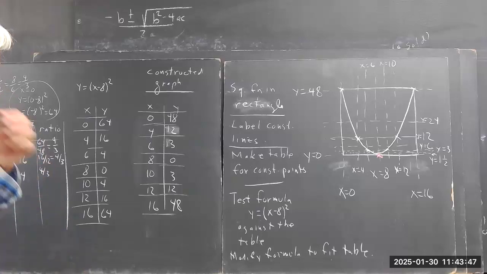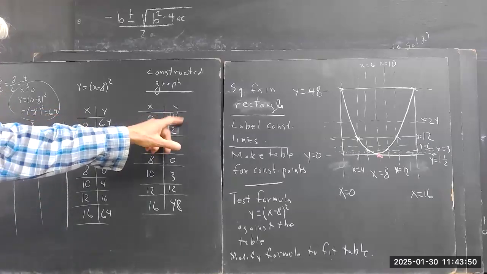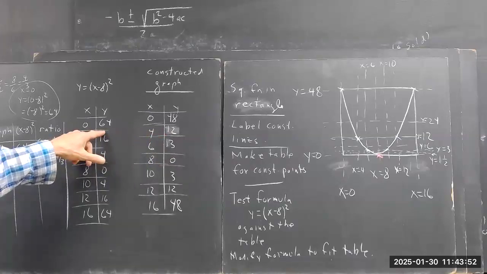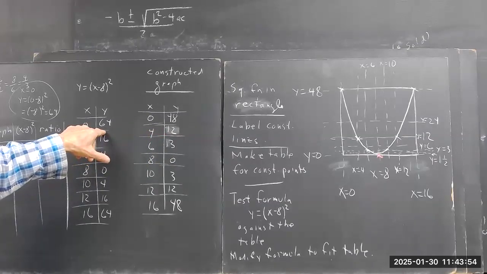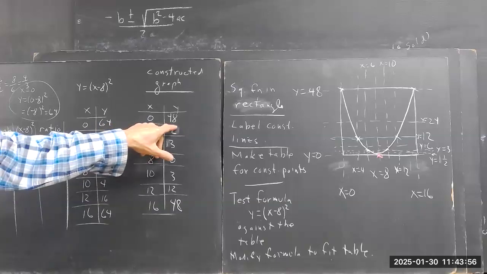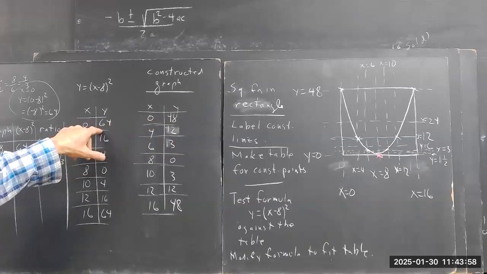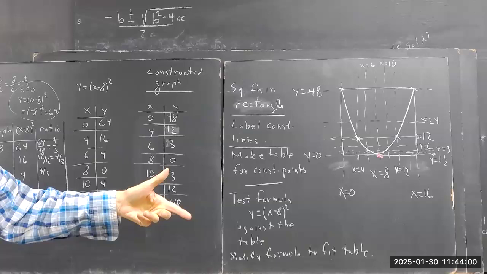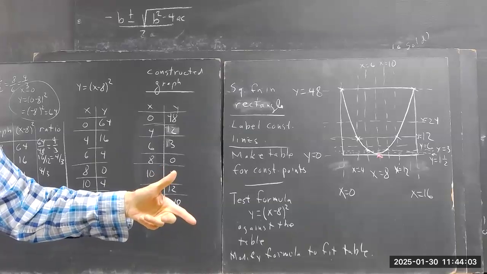So if we want to get the number on this table, what we do to this number. If this is 4/3 of this, then this is what fraction of this? 3/4. Okay.